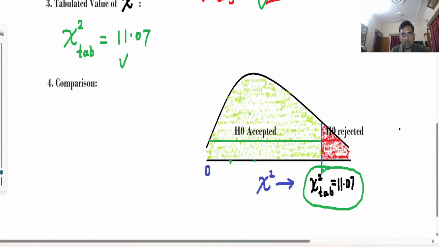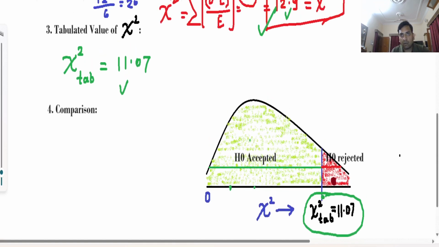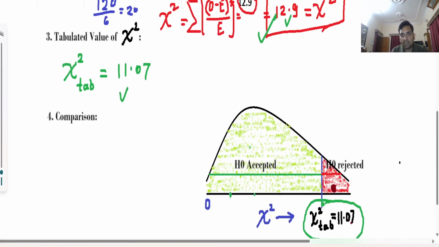The location of chi-square calculated is approximately here, because it is greater than 11.07. If this value were less than 11.07, then we would put it in the left hand direction.